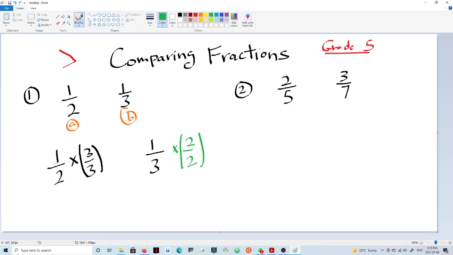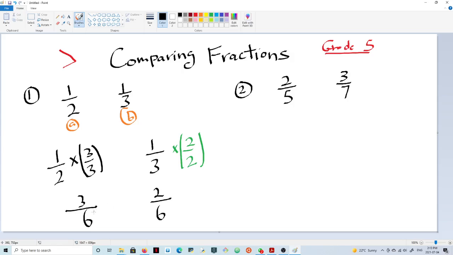So now here you have 1 multiplied by 3, right? So this is going to be 3 upon 2 threes, 6. Okay? And here you have 1 by 2, so you get 2 upon 6.